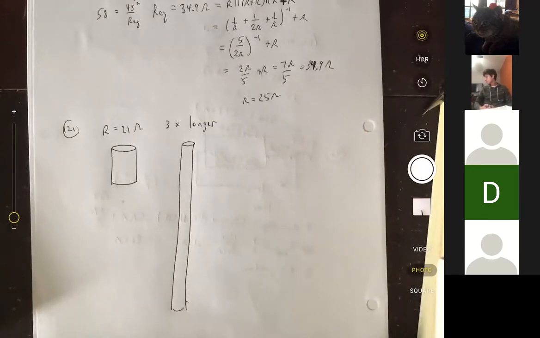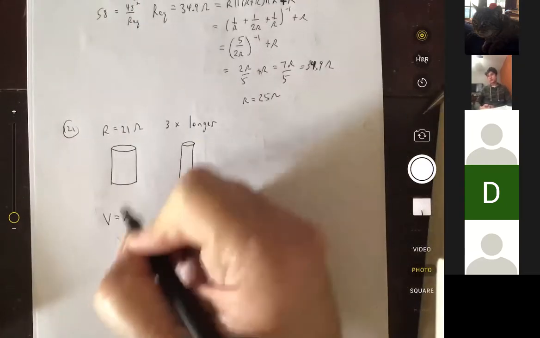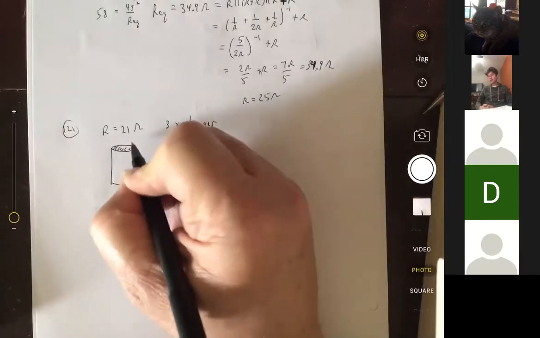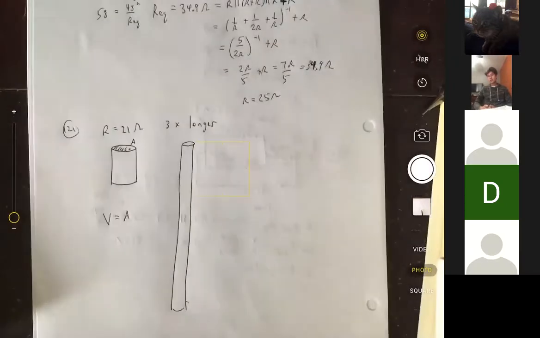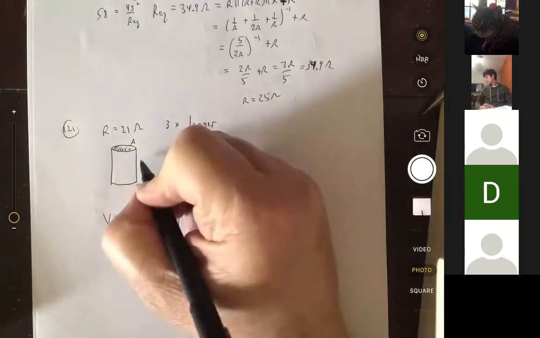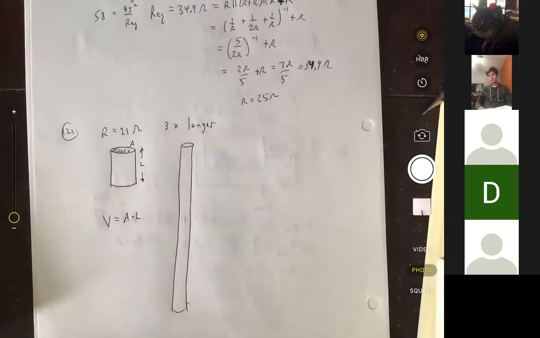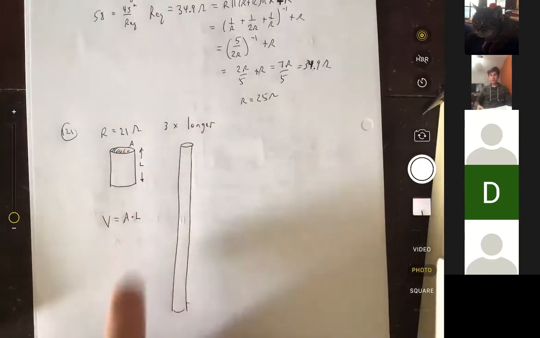How much thinner? Well, it turns out that the volume of a cylinder is the cross-sectional area of the cap, which we call pi r squared, but I can just call it area, times the length of the wire. That is what we call pi r squared h. It's just the area of the base times the height.